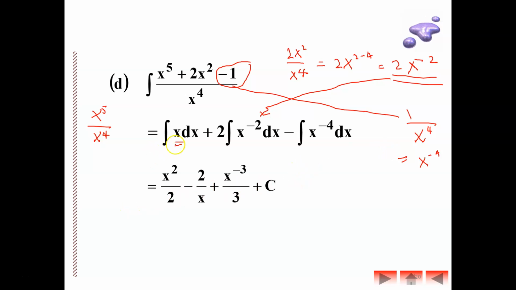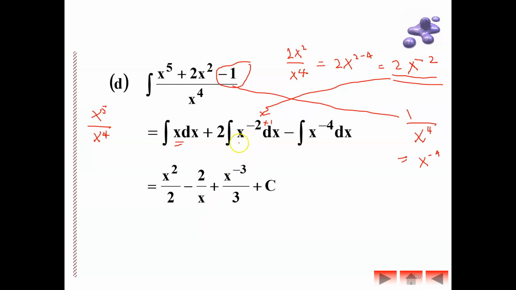Okay, so again, you just integrate it. Normally, integrate x, you get x squared over 2. Minus, why does it become minus? Because there is a minus here. So, integrate x to the power of negative 2, you get x to the power of negative 2, plus 1. So it becomes x to the power of negative 1.